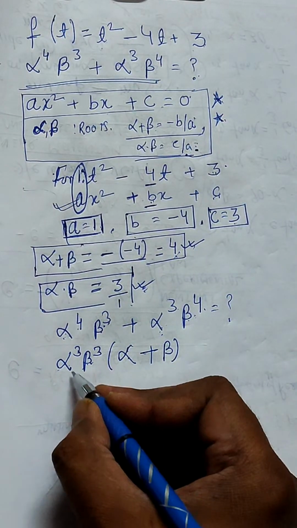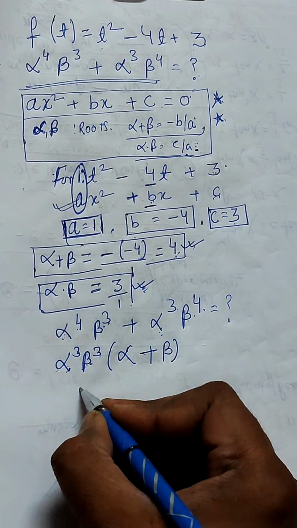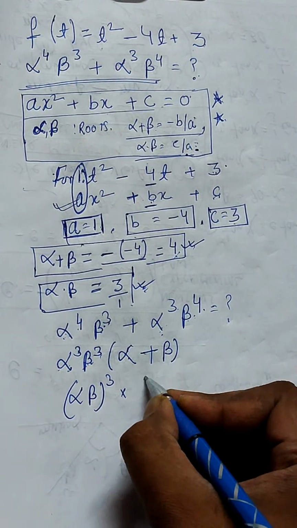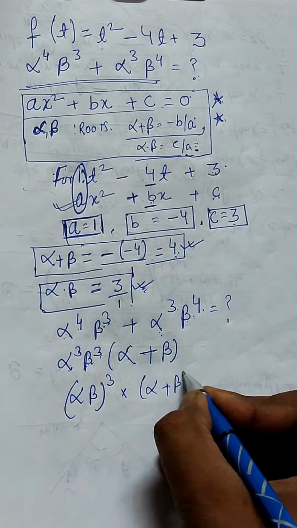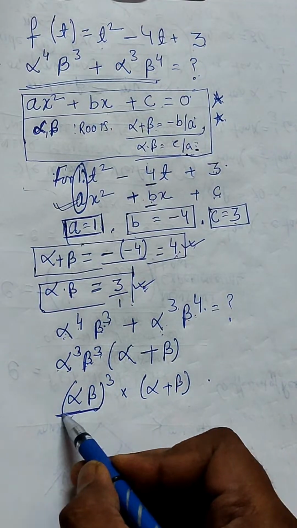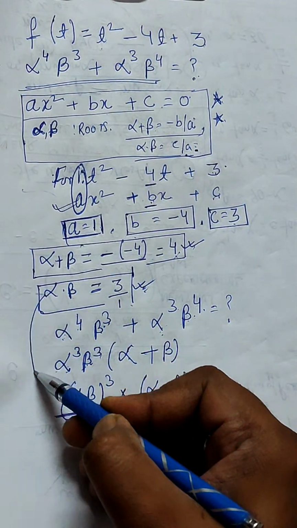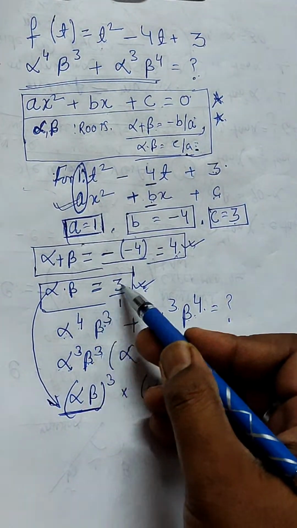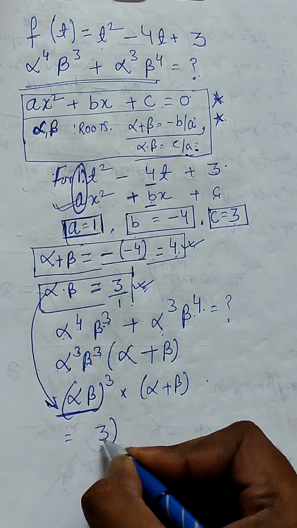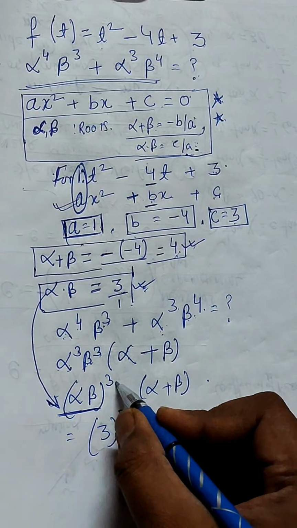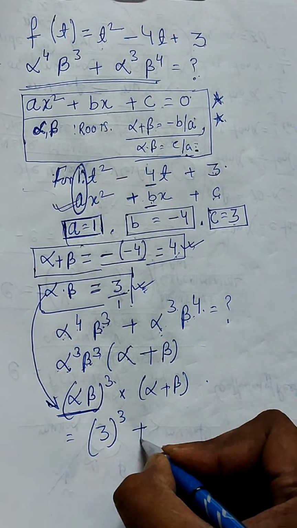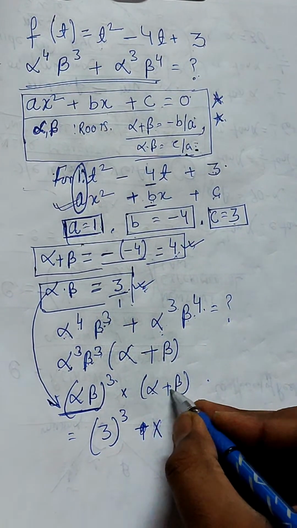Now alpha cube beta cube can be written as alpha into beta whole cube into alpha plus beta. Now we have almost solved our question, because you know alpha into beta is the product of the roots. So use this value that we have already calculated. It will be coming as 3 whole cube, because alpha beta is 3, into alpha plus beta.